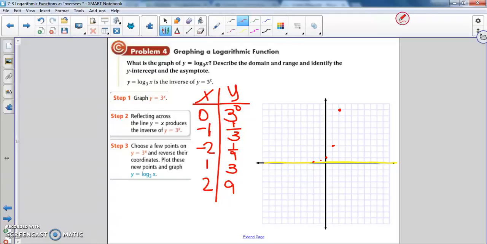Now I'm going to take these and reflect them over our line y equals x, so this is our new x column, that's our new y column. So (3, 0), (1/3, -1), (1/9, -2).